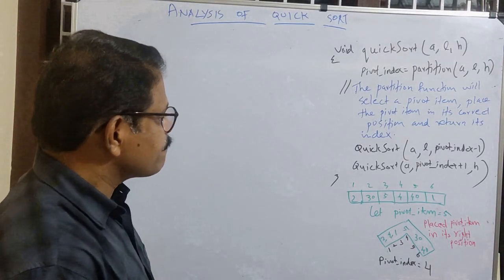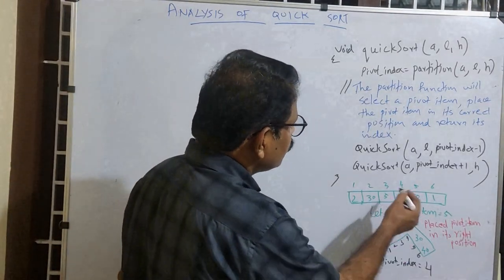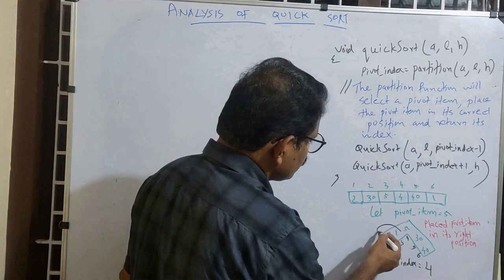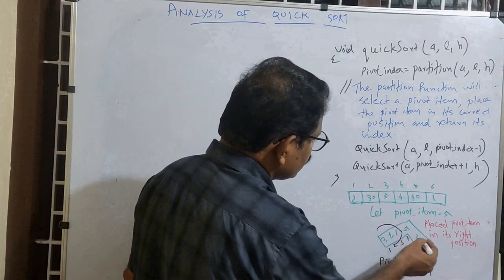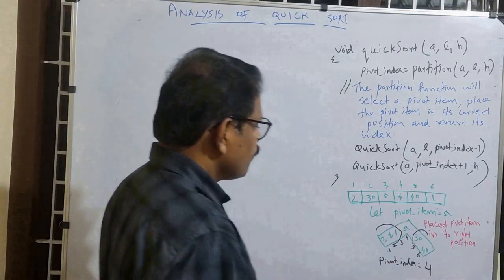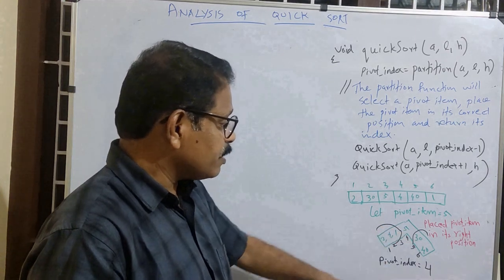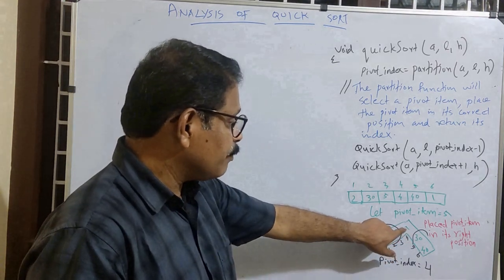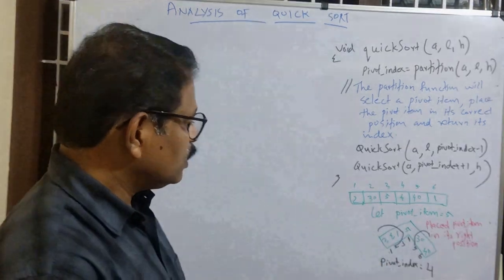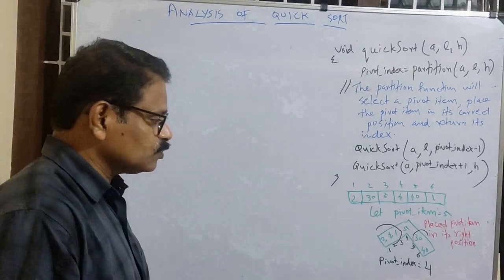Then after that, we will call quicksort on this side as well as this side. After placing the pivot item in its right position, we will never think about the pivot item again. In the sorted array, it is in the correct position.